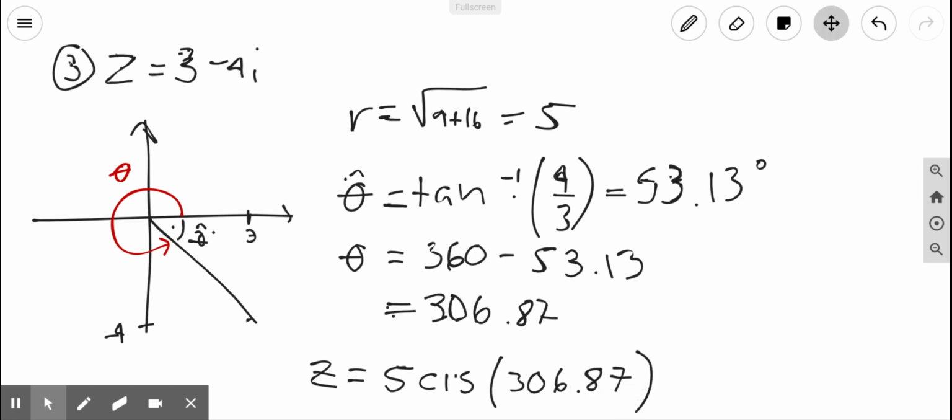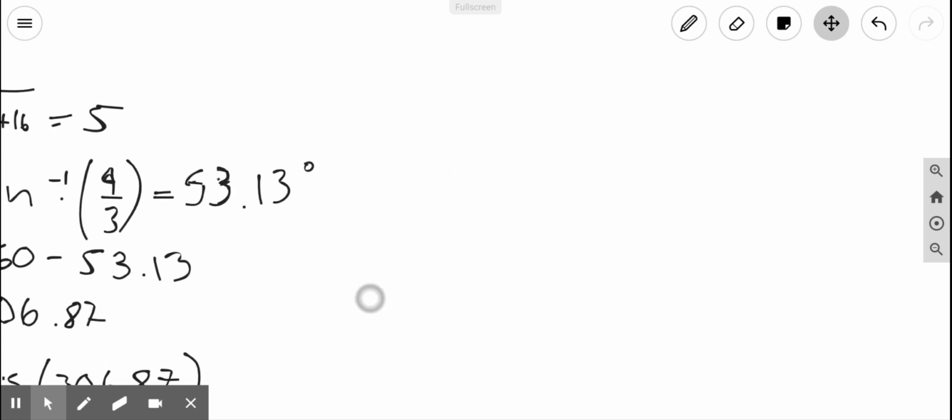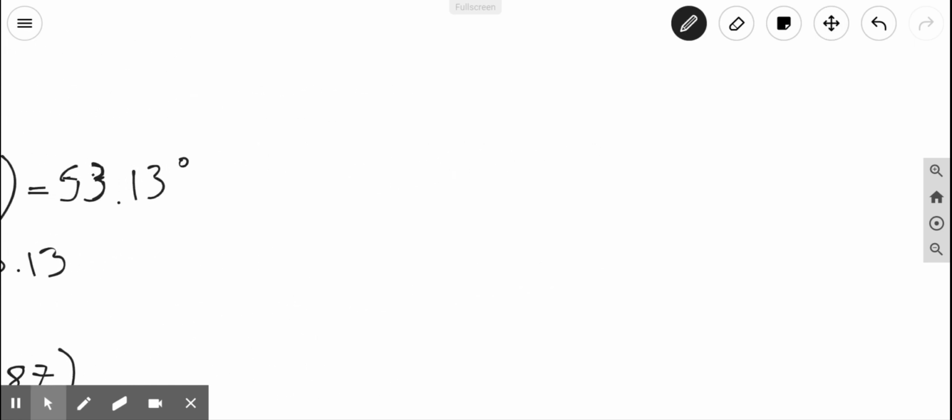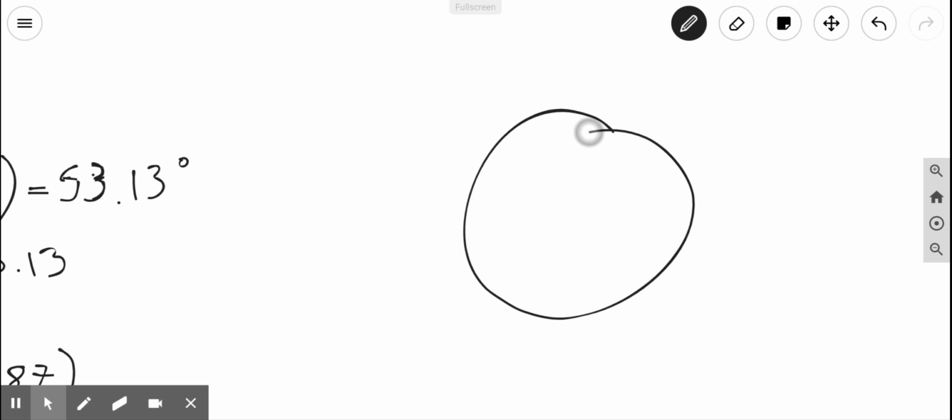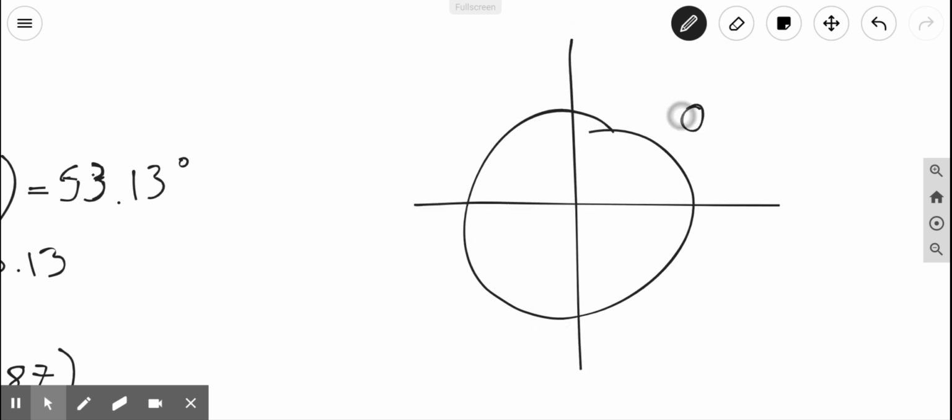Maybe just one last thing. If you're confused about how to find theta, it's actually pretty easy to know. If you are in the first quadrant, theta and theta hat are the same, you're not doing anything. If you are in the second quadrant, you're going to be doing 180 minus theta hat, or pi minus theta hat if you're in radians.